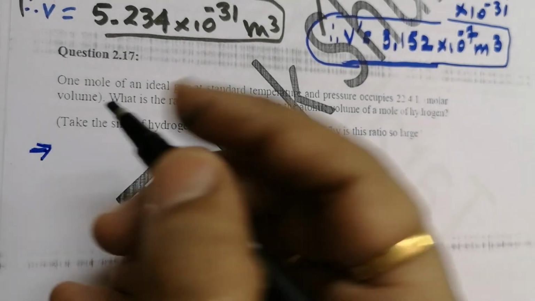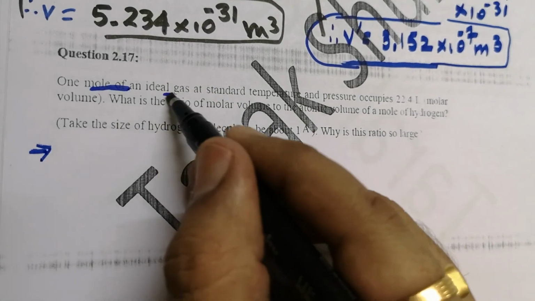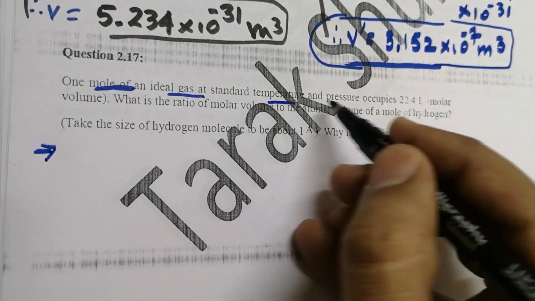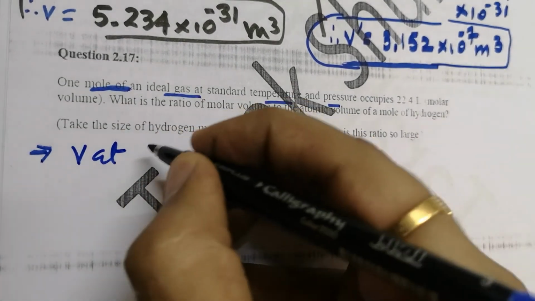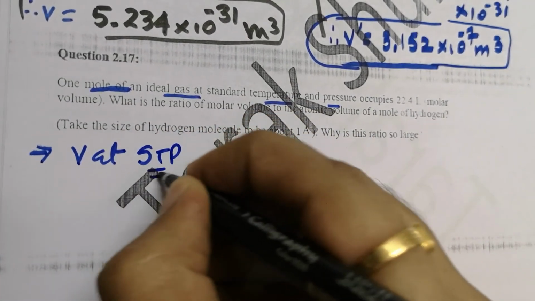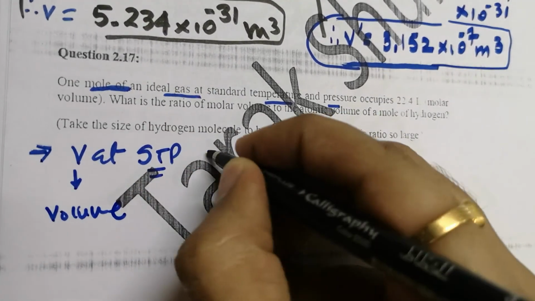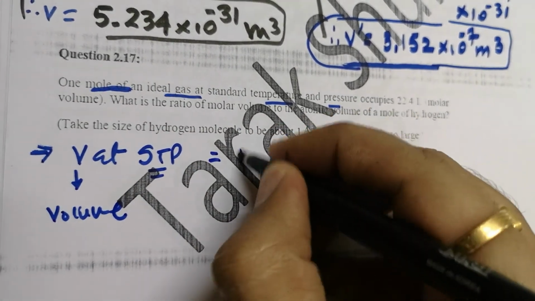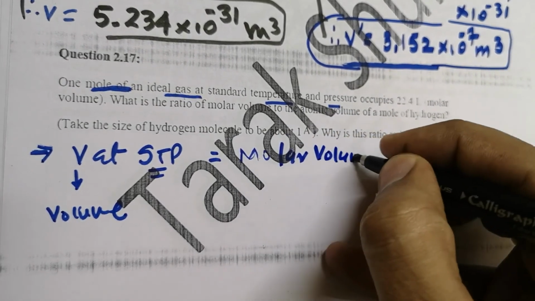Now another example, 2.17. Here you have been given 1 mole of ideal gas at standard temperature and pressure, and that volume at STP is called the molar specific volume. So I am just mentioning that it is the molar volume.